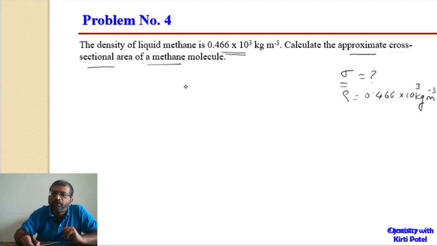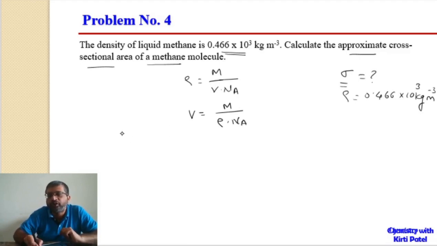For this, from the density rho we can calculate the volume of 1 mole of gas, and we can calculate the volume of each molecule by dividing by Avogadro's number. So rho equals m upon v into Na, where v is the volume of one molecule. So v equals m upon rho into Na. This gives us the volume of each molecule.